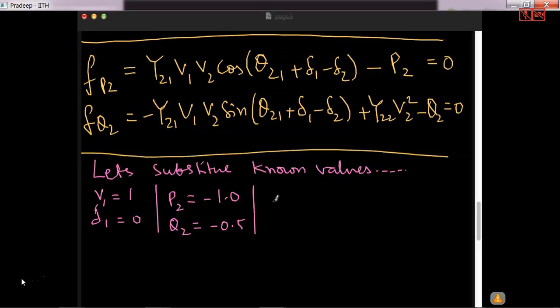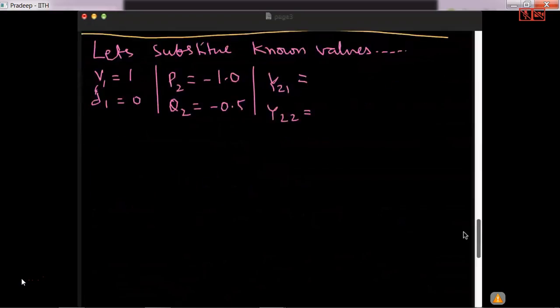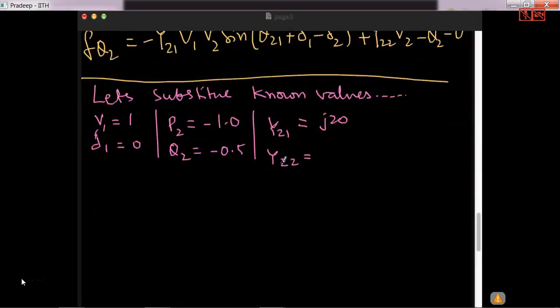Now what is Y21 and then Y22? So when I created the Y bus, second row, first element is J20. So Y21 is J20. And Y22 is minus J20, like this.